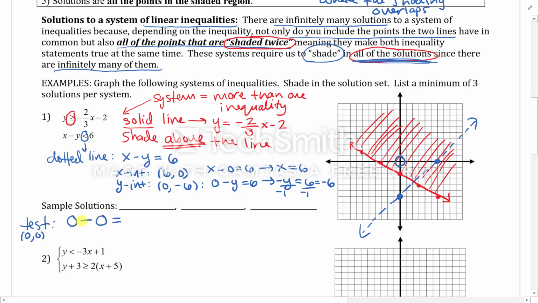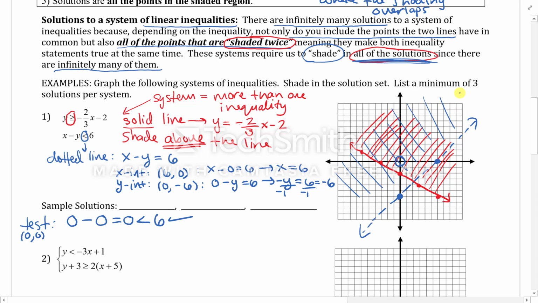So I plug in 0 minus 0 and I get 0, and that is less than 6. Check. 0 minus 0 is less than 6. That's a check. So that means that this is the side the solutions would be on. This is the side where I would shade for the second line.